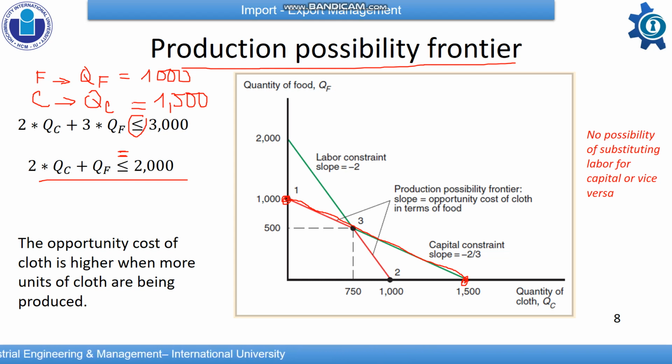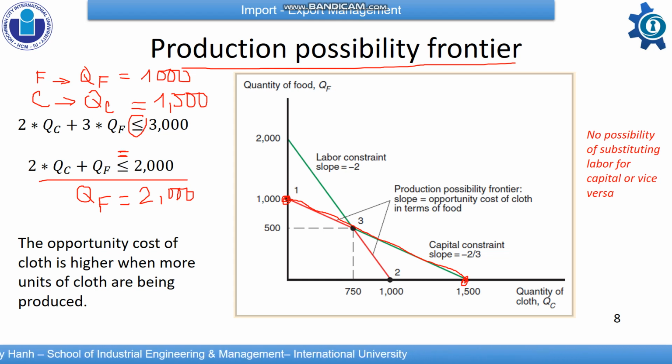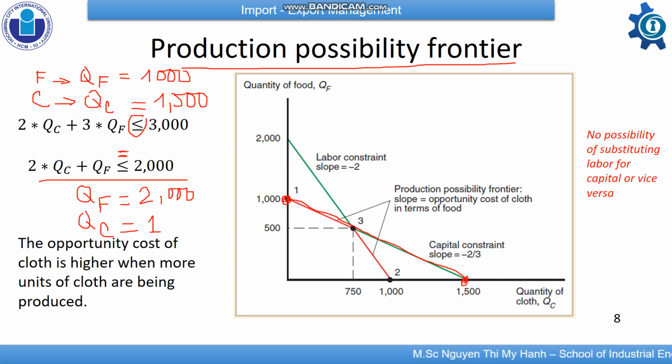If we use all the labor to produce food, the maximum calories of food we can produce is 2000. And if we use all the labor to focus on producing cloth, the maximum cloth we can produce is 1000 meters, 2000 divided by 2.